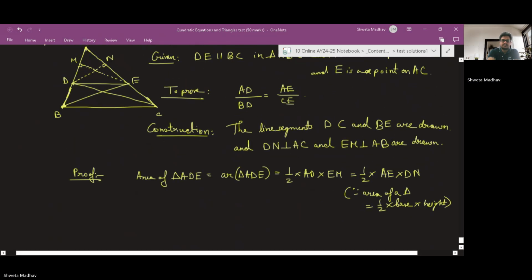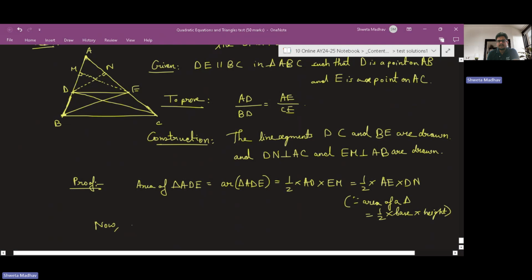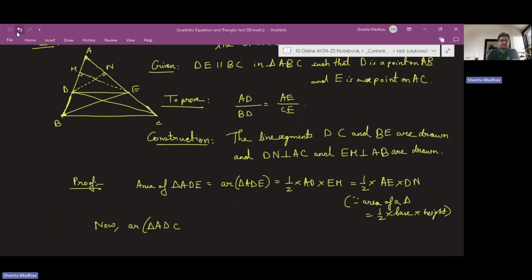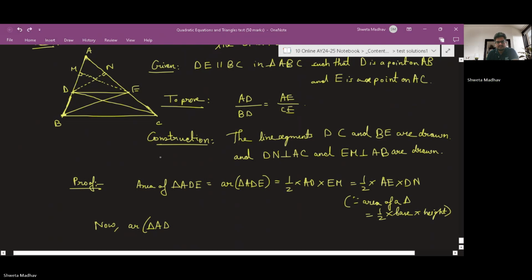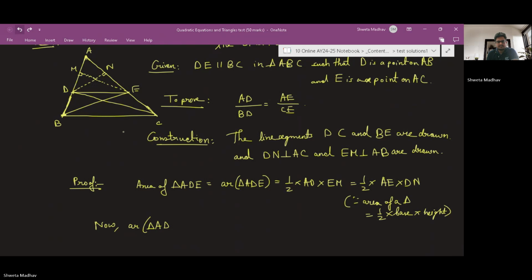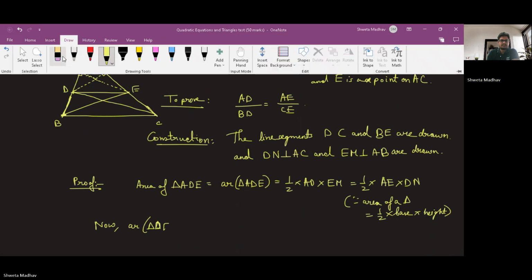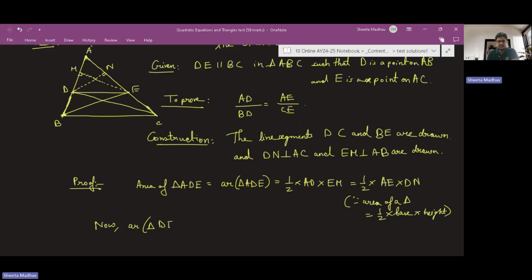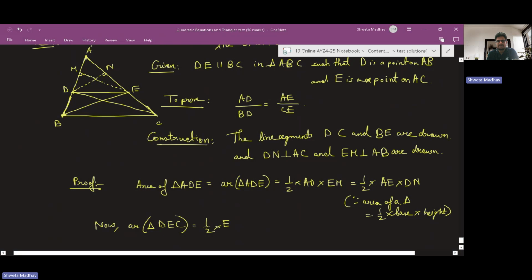And now, similarly, area of triangle DEC is equal to half into base EC into height, which is DN.